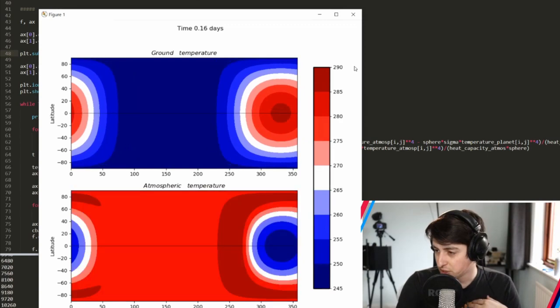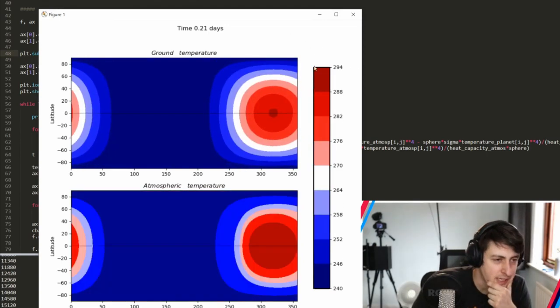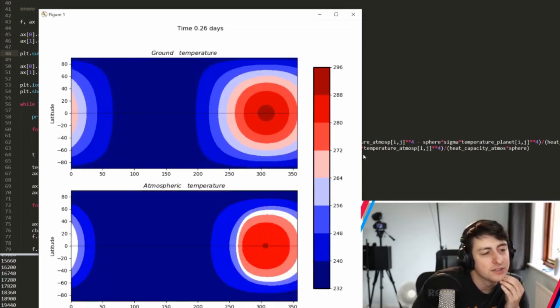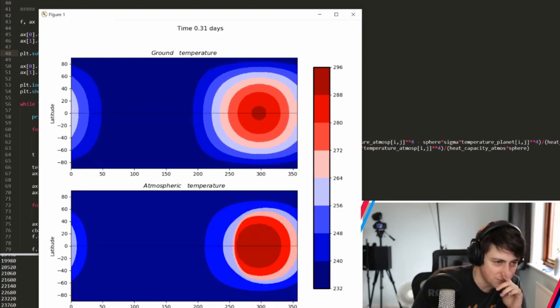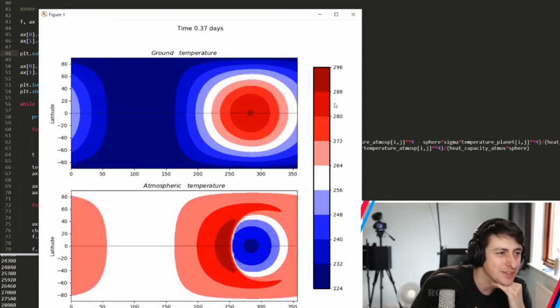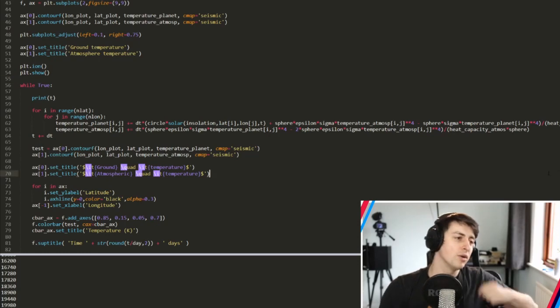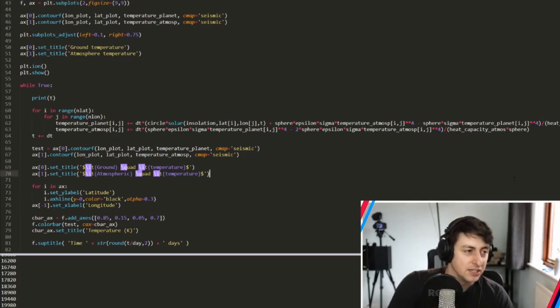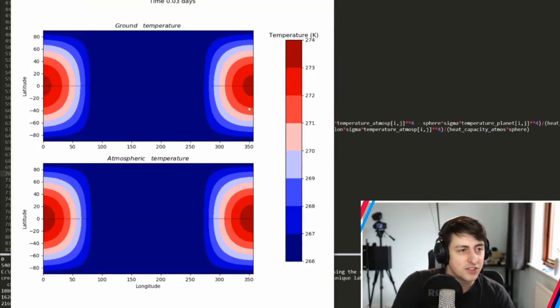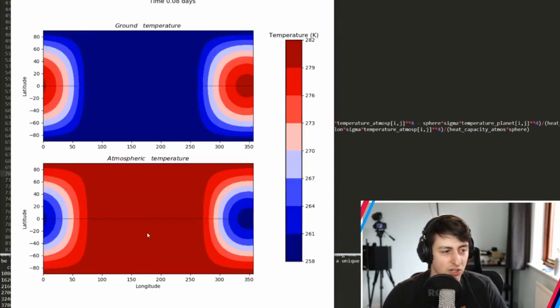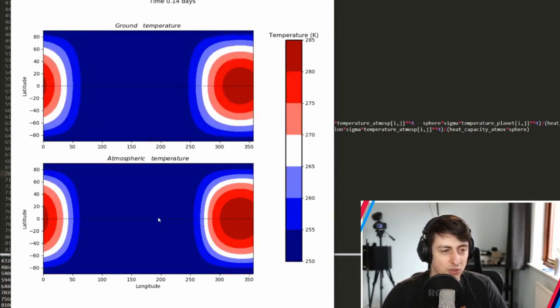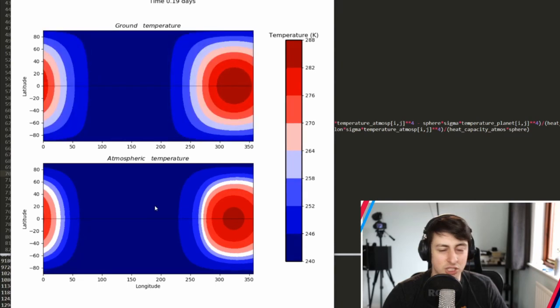Okay, cool. So now we have a color bar, and man, atmospheric temperature is going... That doesn't look good, does it? What I think is happening with the atmosphere is just a consequence of numerical issues going on.